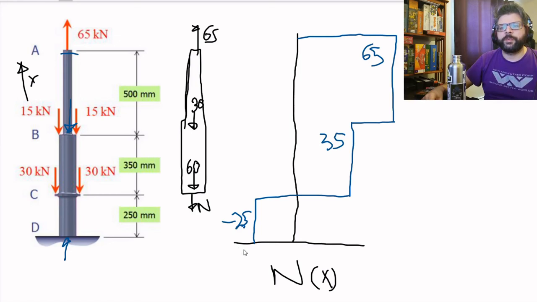So based upon this, we know we need to get back to 0. I could go ahead and redo my equations of equilibrium to figure out what the support at D is, or I could just look at it and say, hey, I know that pushing down on the bar decreases the internal normal force as you go down.